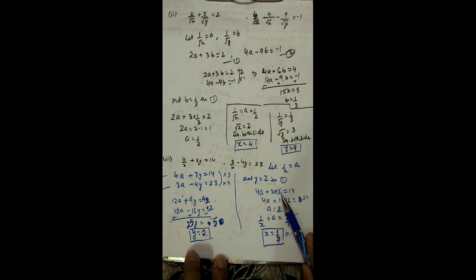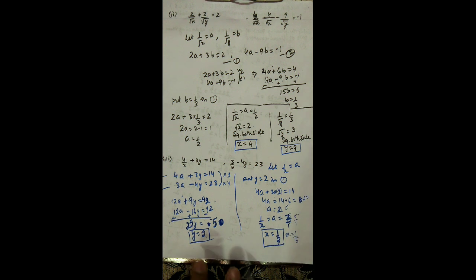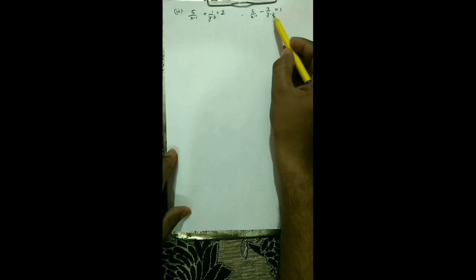And when I put y equal to minus 2, then the value of 4a will be 20. Earlier it was 8, so this will be 20. So 4a equal to 20, so a will be 5. So 1 upon x equal to a will be 5 by 1, and now finally you will get x equal to 1 by 5. And y is minus 2.